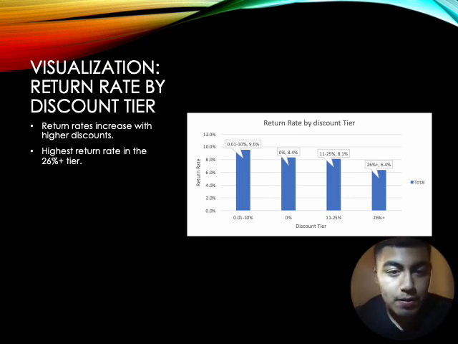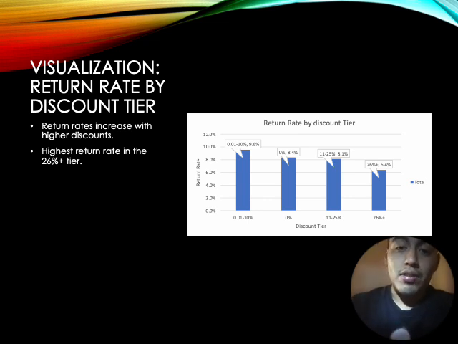For this next one, we have a comparison of the return rate by the discount tier. As we see, large discounts reduce profit margins, but return rates do not increase with higher discounts as might be expected. The 0.01 to 10% tier has the highest return rate, while the 26% plus tier shows the lowest return rate.